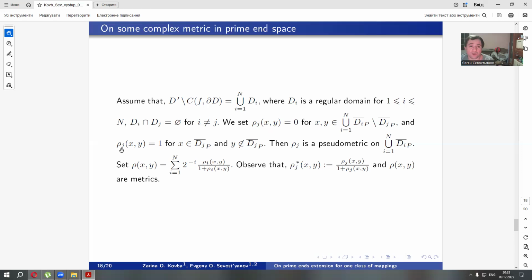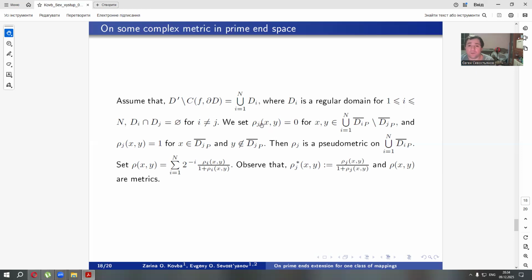Also, rho_g(x, y) equals 1 if one point x is from D_g prime and the other point does not belong to D_g prime dashed.